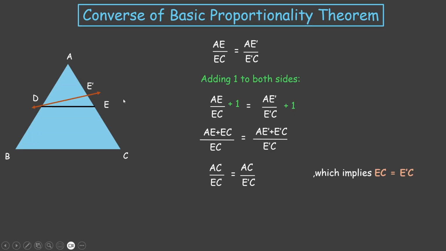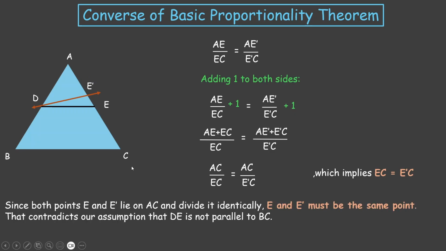Now, since E and E dash both lie on AC and divide it identically, that means E and E dash have to be the same point. Let's say if EC is 4, then E dash C is also 4, and these are lying on the same line. So if this is 4 and this is 4 as well, that means E and E dash will coincide.